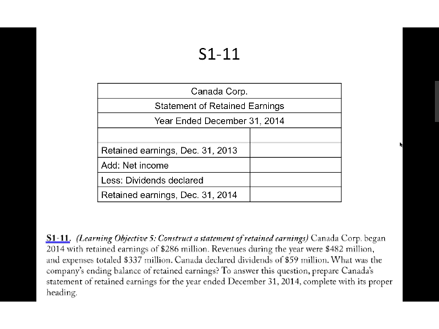So that's our basic format for every statement of retained earnings. We start with our beginning retained earnings, which is the same as last year's ending. Add our net income, subtract dividends declared, which gives us ending retained earnings.